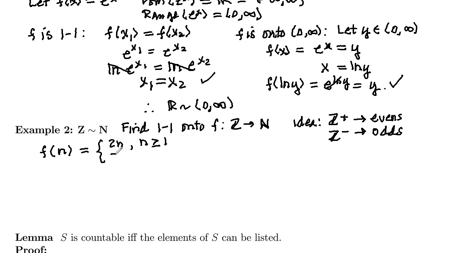And then it's going to be negative 2n plus 1 if n is less than or equal to 0. So n is negative, so negative 2n would be positive and even, and then you add 1 and it offsets it to an odd. So if you look at this, it's actually going to be one-to-one and onto by construction.